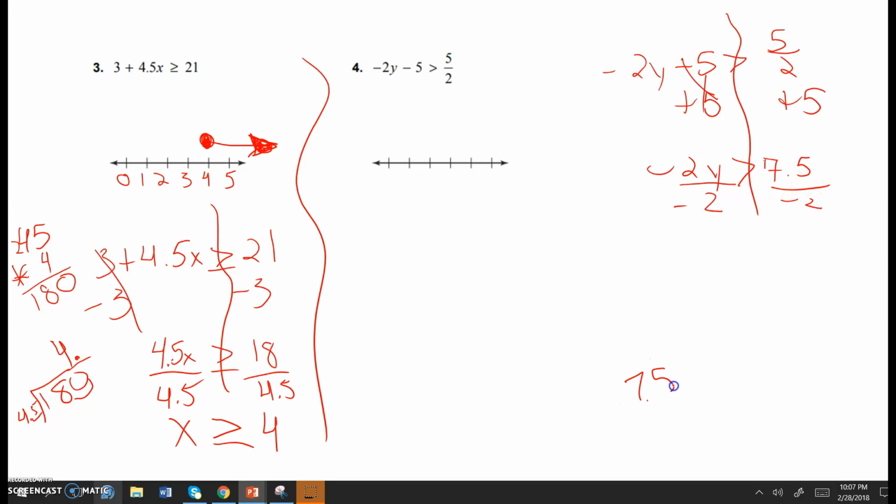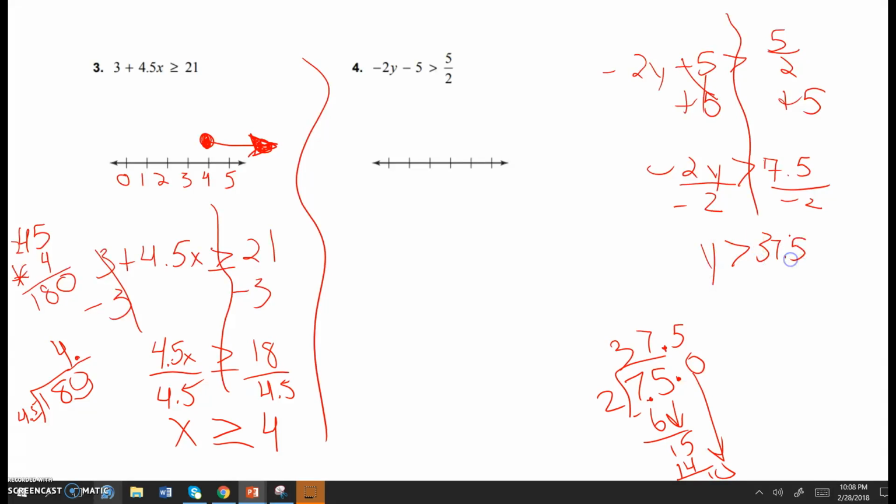So 7.5 divided by 2 goes in 3 times, 7 times, 3.75. So y is greater than 3.75.